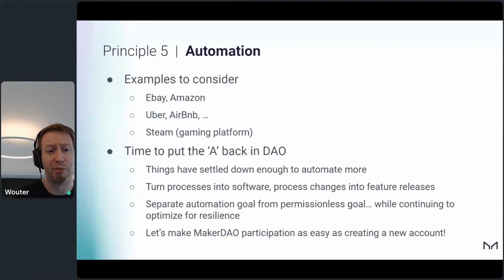Uber, Airbnb, same thing. Consider how much work it is to run a taxi company if you don't use Uber. Consider how much work it is to run a hotel and market it if you weren't using Airbnb. These tools implement processes and they make that switch from a bunch of processes and knowledge and trainings that need to happen.